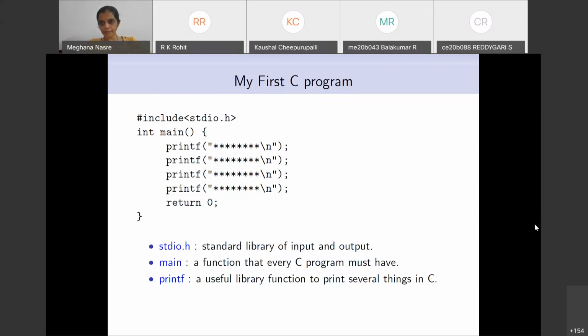Then, ma'am, it's given that main is a function that every C program must have. So is it necessary to write int main, or is it just okay if we write only main? Okay, so we'll see what happens when we go to our platform and check.